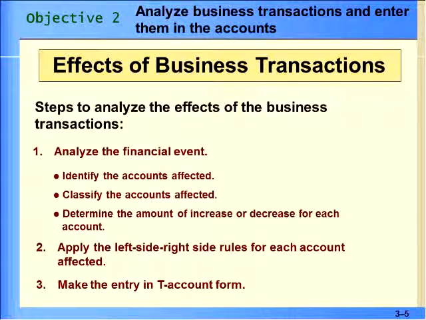So, of course, all the way through here, the way that you're going to analyze your business transactions is you're going to identify the account affected, you're going to classify the account, and determine the amount of increase or decrease for each account.